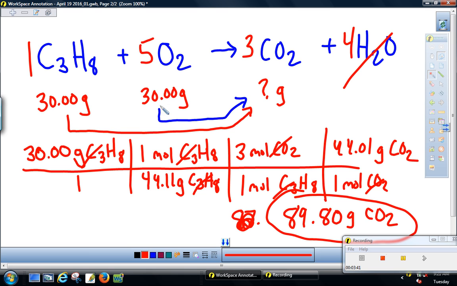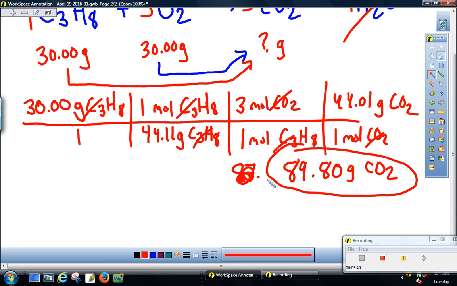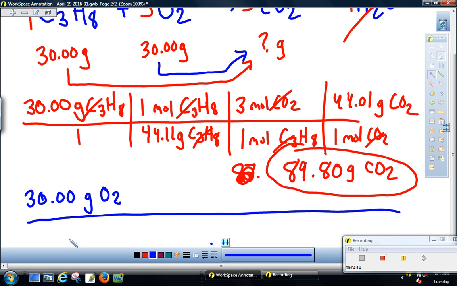So we're going to do the same thing. 30 grams of oxygen can make how much CO2? I'll use blue for this to show you the blue pathway, the second pathway. Alright, so 30 grams of oxygen, put that over 1. 1 mole of oxygen, 2 times 16, is 32 grams.